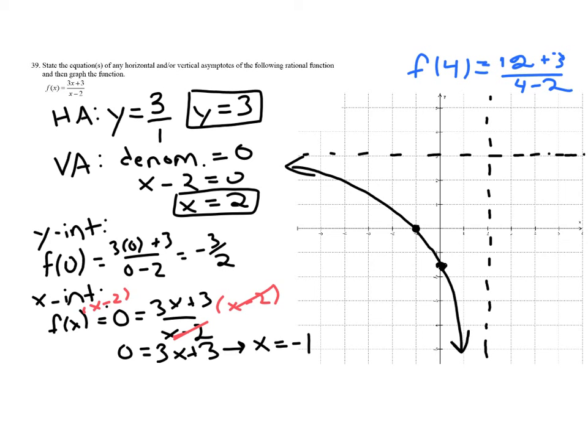That gives me 15 over 2, so 7.5 for our y coordinate, which is up. It's out of the region that I have here on my grid. But the main point is that it lies up above the horizontal asymptote at y equals 3, and so the graph will lie up here. I'm just going to sketch it in there.